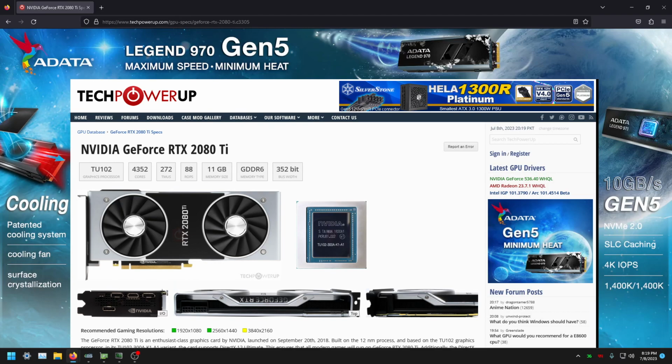If the problem persists, then try resetting the GPU. On the same page, whether you have an NVIDIA, AMD, or Intel GPU, you will have the links for the latest drivers. Download the latest drivers and see if that works.